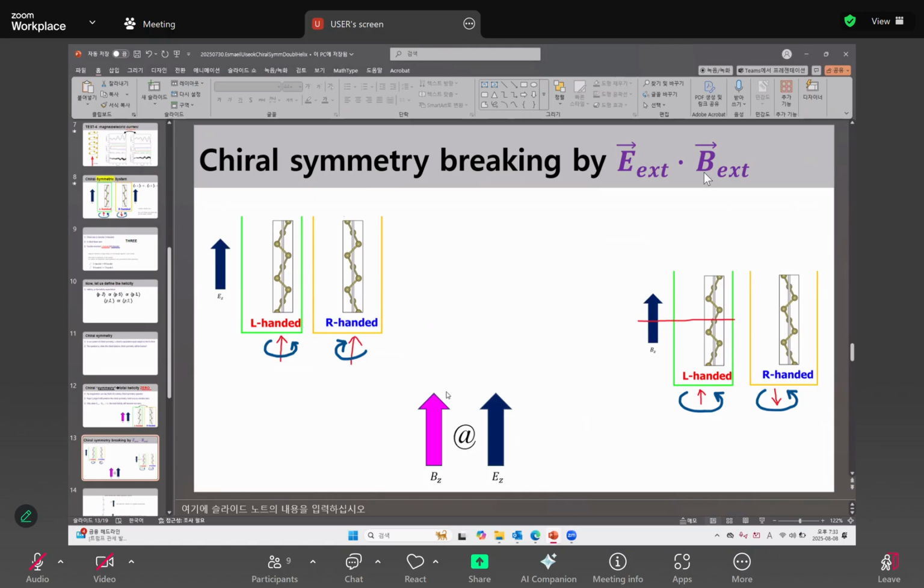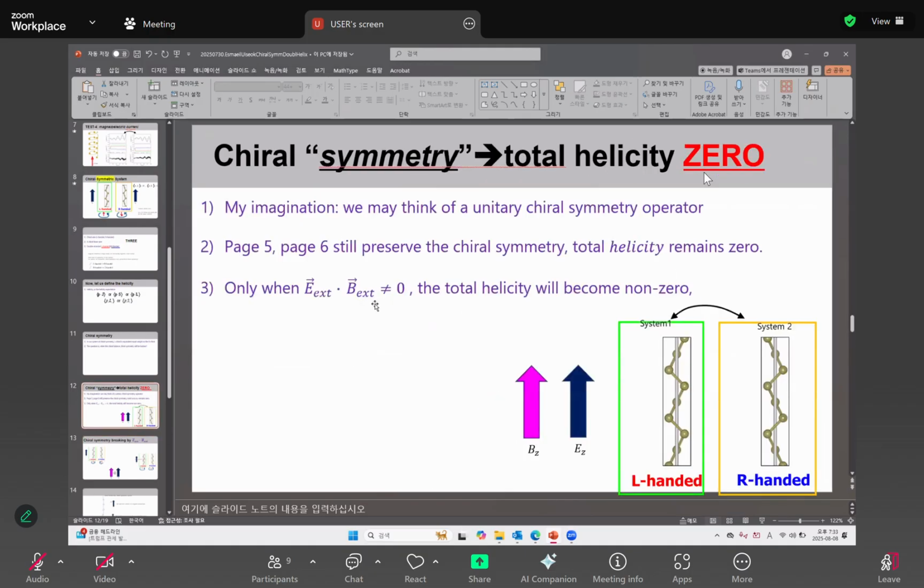When we apply E dot B, now the helicity becomes non-zero.